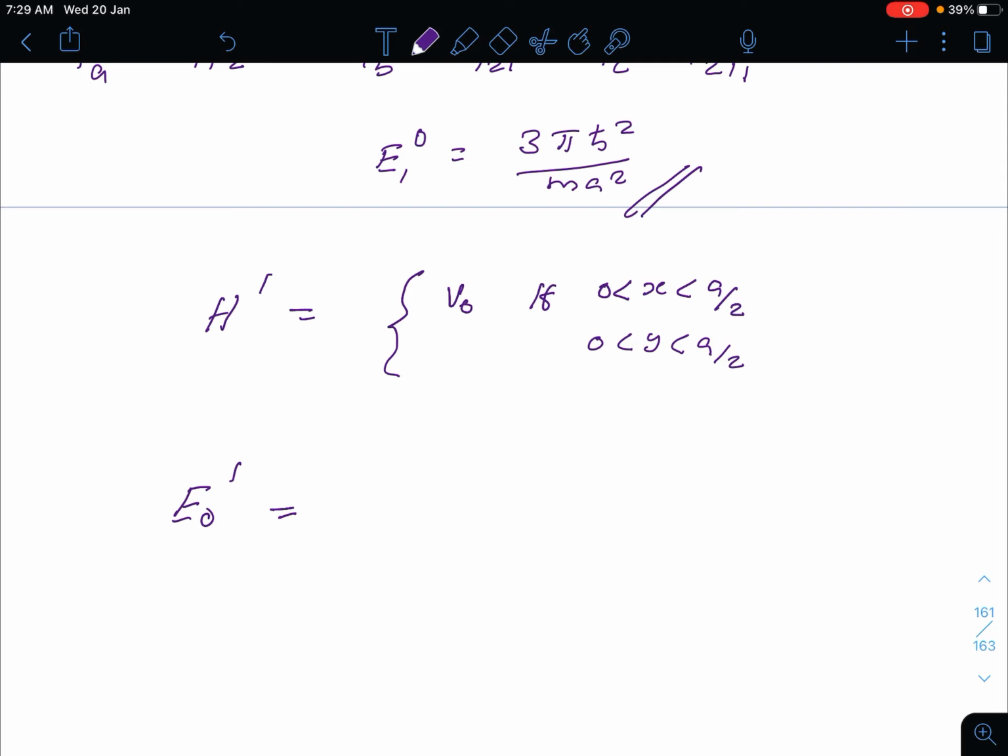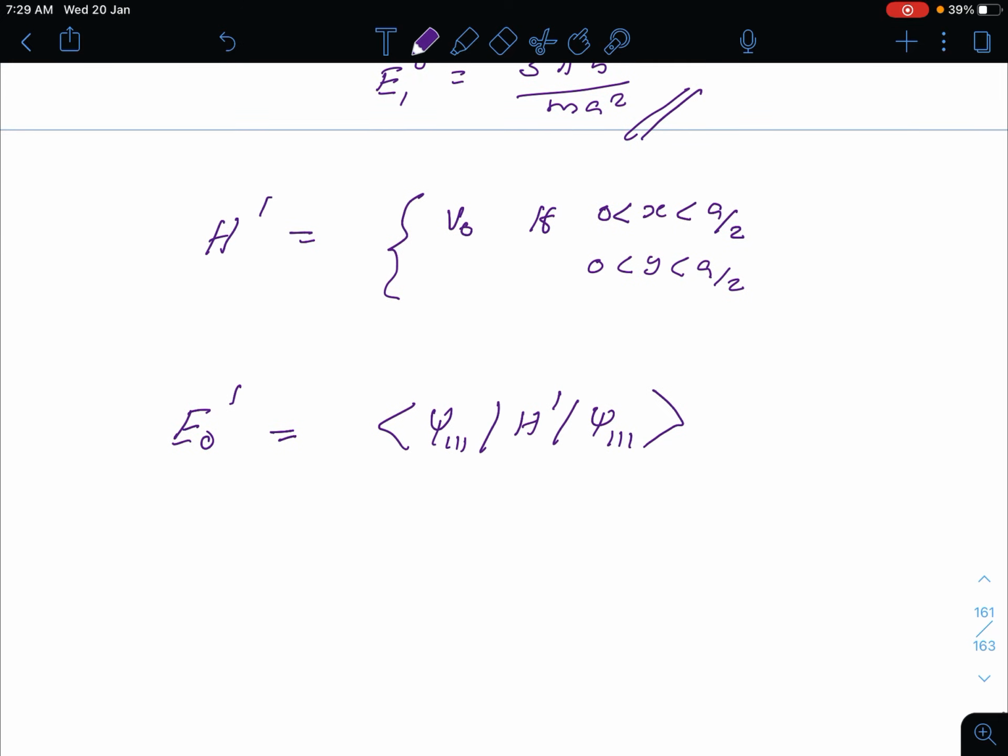Obviously we know that the ground state is not degenerate, but still we will be doing that. Let's try to see what will happen. We can find out using the formula: psi 111 H dash psi 111. Clear? So that is the formula.